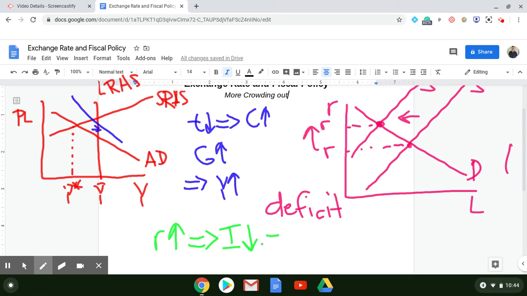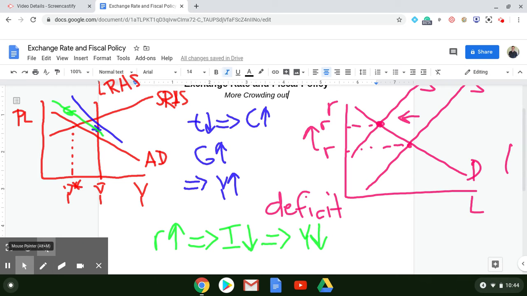And if investment spending decreases, output has to go down. And if output goes down, that means our AD will come back some. That's what we mean by crowding out. Yes, the government wanted to push this AD line to the right, but because of their deficit spending, they've actually pushed it back some to the left.